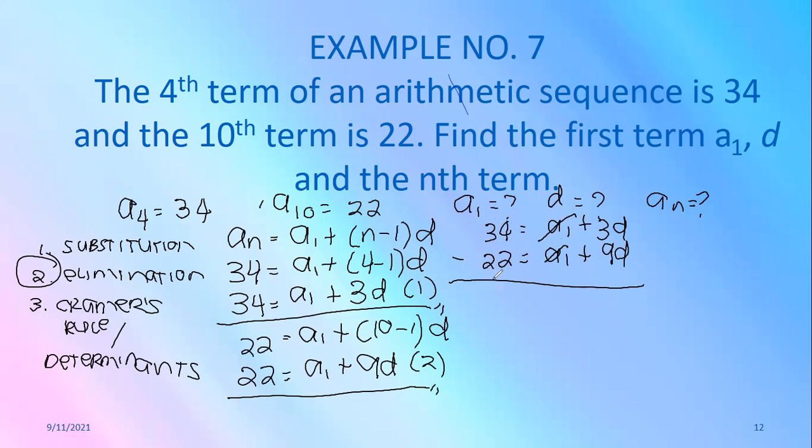So 34 minus 22 is equal to 12, which is equal to 3d minus 9d, that becomes negative 6d. To find the value of d, we need to divide both sides of the equation by negative 6. Negative 6 cancels out. So your common difference is equal to negative 2.